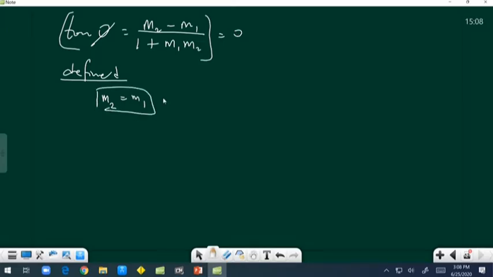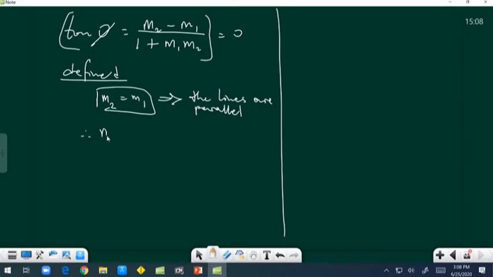That means the lines are parallel. If the lines are parallel, they have equal slope. But if the lines are perpendicular, then m2 minus m1 divided by 1 plus m1 m2 is equal to 1 over 0.